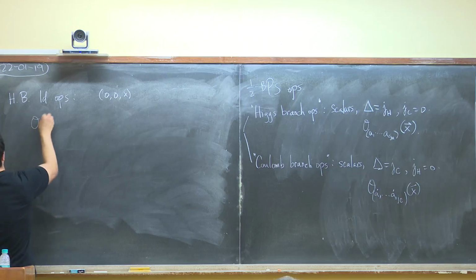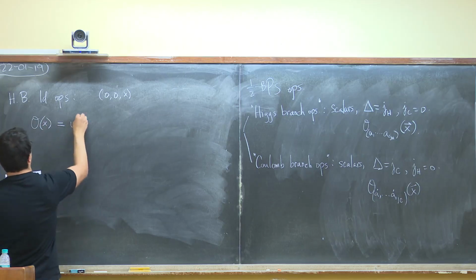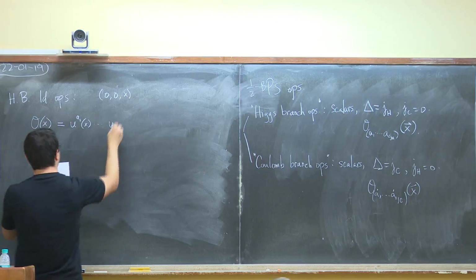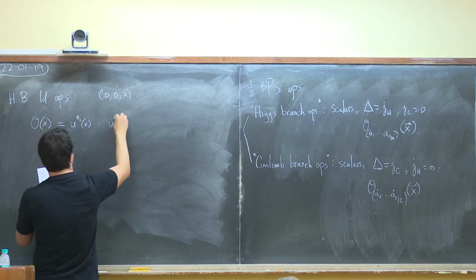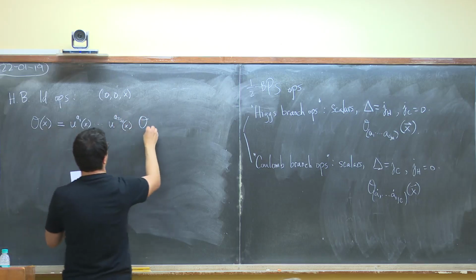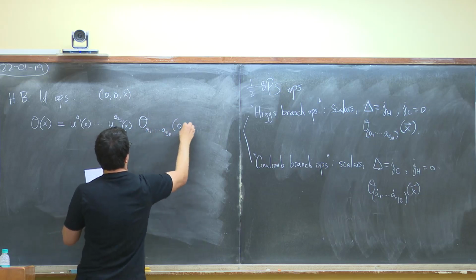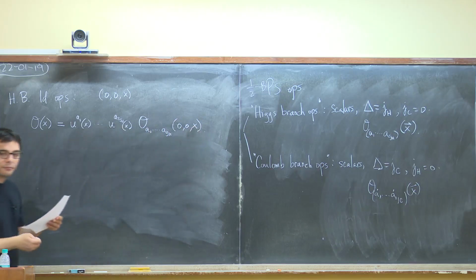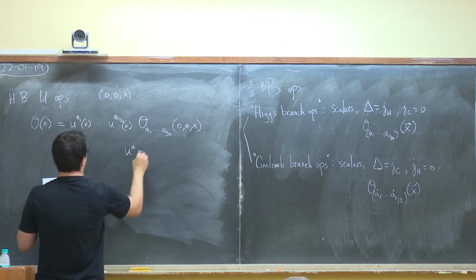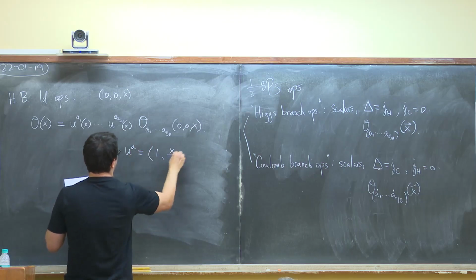So then O of x is given by this expression, u A1 of x through u A2JH of x, if it's Higgs, times this operator O A1 through A2JH, inserted at (0, 0, x). Where I didn't say what u is. A is 1 and 2. So if A is 1, then this is 1. And if A is 2, this is x over 2r.